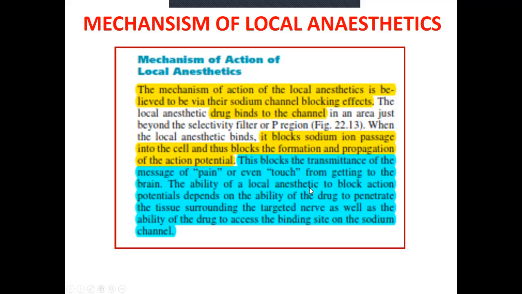The ability of the local anesthetic to block action potential depends on the ability of the drug to penetrate the tissue surrounding the targeted cell and the ability of the drug to access the binding site on the sodium channel. So it should enter the nerve cell, it should identify the protein of the sodium channel and bind, and then block it.